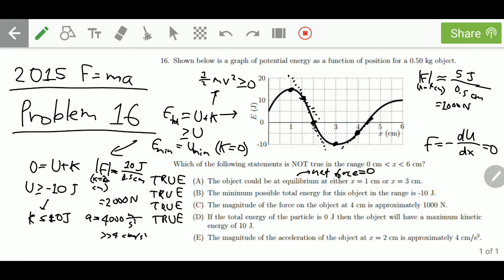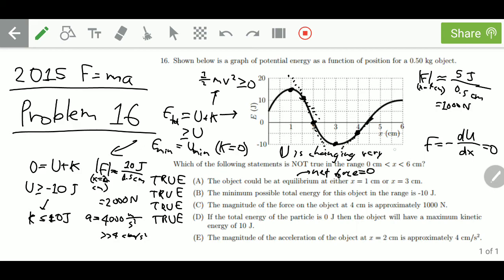In fact, it's 100,000 times higher. Basically the reason is that here we have the potential energy changing over centimeters, which means that the potential energy is changing very rapidly, because you're getting whole joules over only small fractions of a meter.